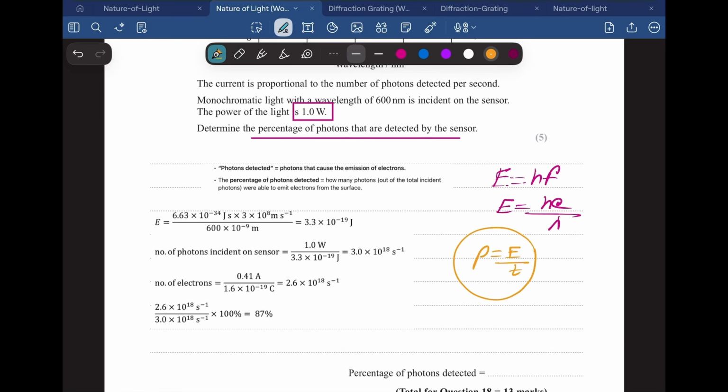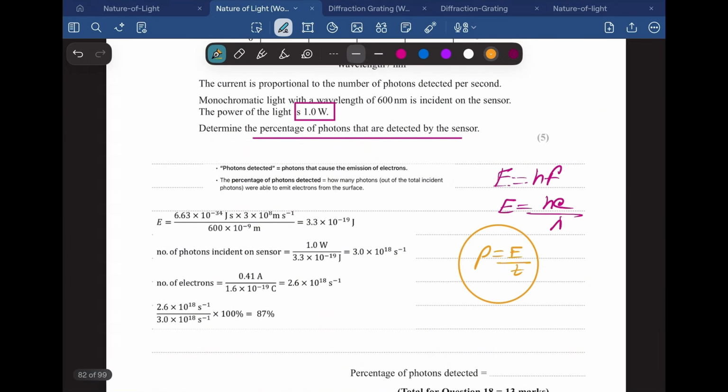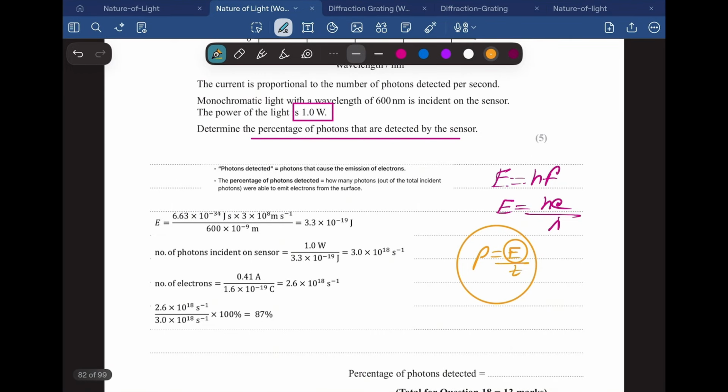Now let's figure out the energy of photons that will be incident on the sensor per second.